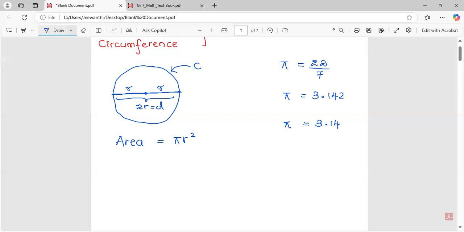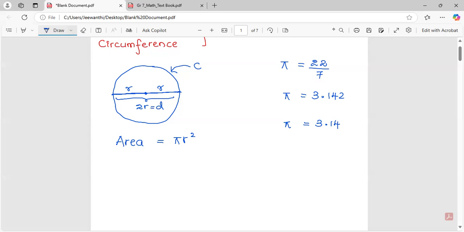You don't need to worry. Here we have confusion about whether we are going to use 22/7 or 3.142 or 3.14 or anything else. It's a kind of confusion for you if they have not given it at this stage. But later, when you move to grade 9 and onwards, you will know what to do and how to use this.